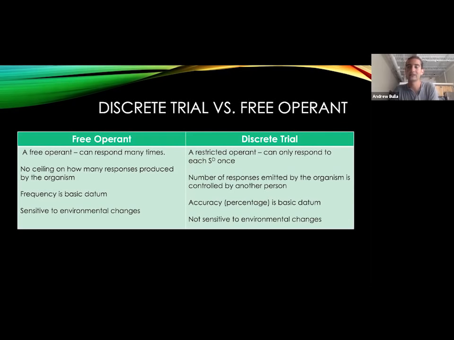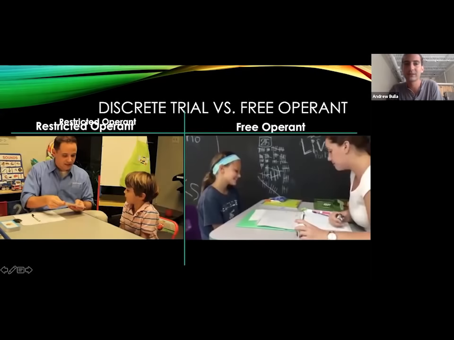The only ceiling is their natural ceilings as a learner that begin to get lifted as they progress through our instructional sequence. We use frequency as the basic datum to measure the behavior, and this is because it's sensitive to environmental changes.